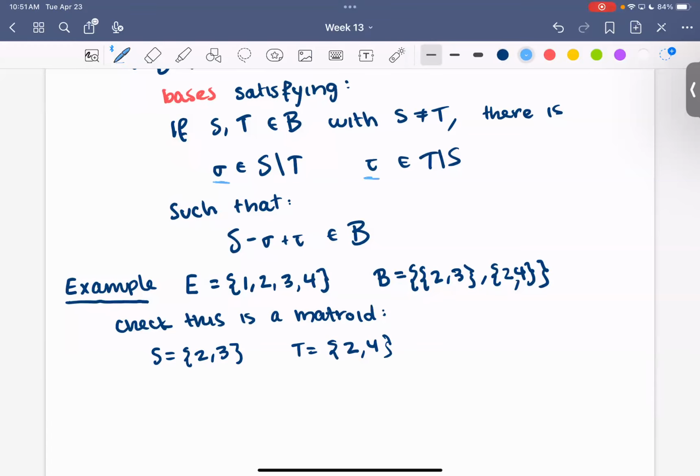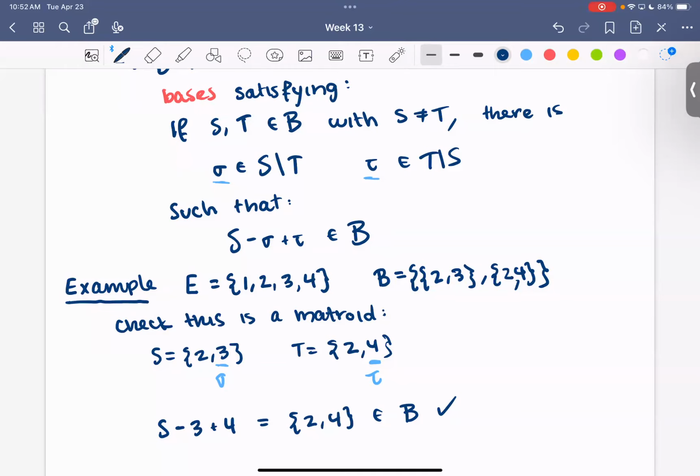Yeah, so this could be my sigma and this could be my tau. So then if I take S and I take out the element 3 and I add in the element 4, then I get 2, 4, which is an element of the bases. So that's good. So then the only other check that we would need to do is the reverse, like if the roles of S and T were switched. So that shows that this satisfies the basis exchange axiom, so it's a matroid.